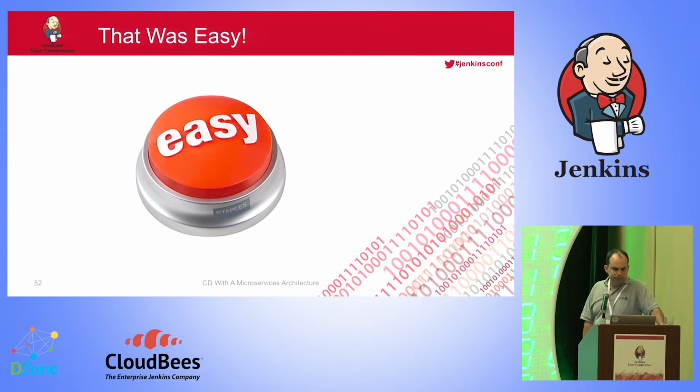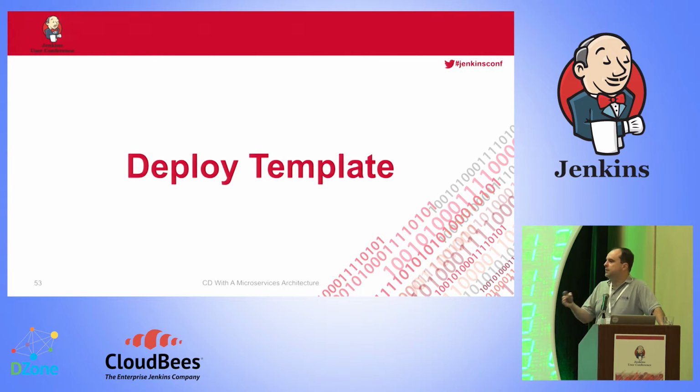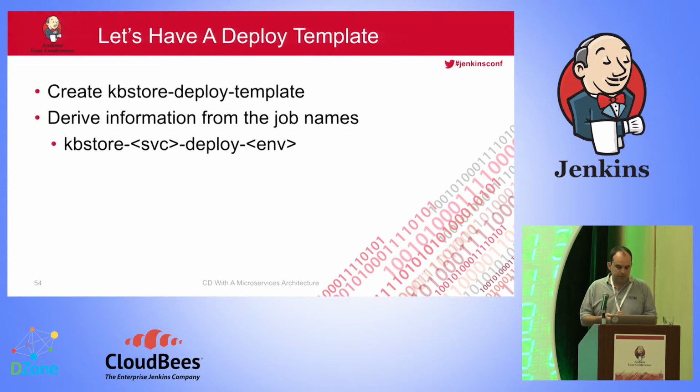I think you can see that if we have to create a bunch of these, it's getting a lot easier with this template plugin. I also want to create a template for my deploy jobs. It's going to be very similar.